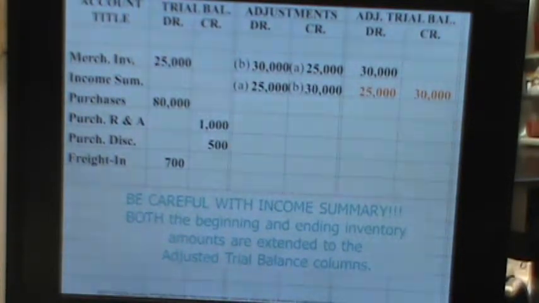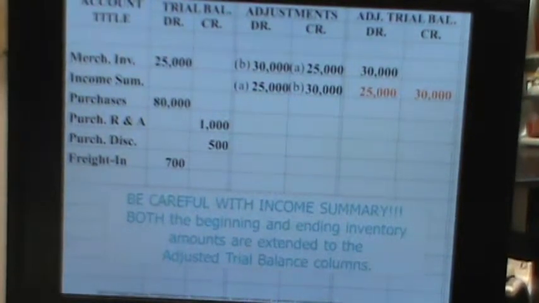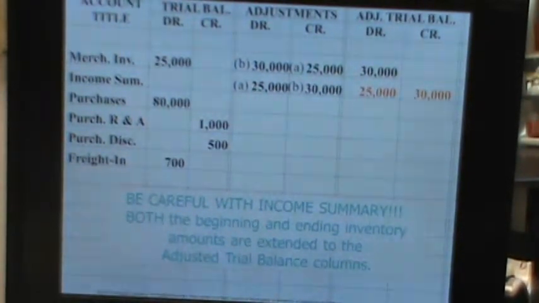They just transfer straight across. So be careful with income summary: both the beginning and ending inventory amounts are extended straight across to the adjusted trial balance column. This is the only account that will do this, so be sure to take them both straight across. You'll have a debit balance and a credit balance for income summary in the adjusted trial balance.